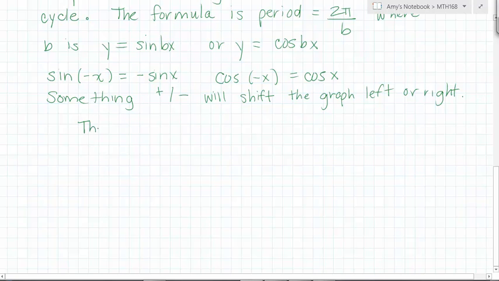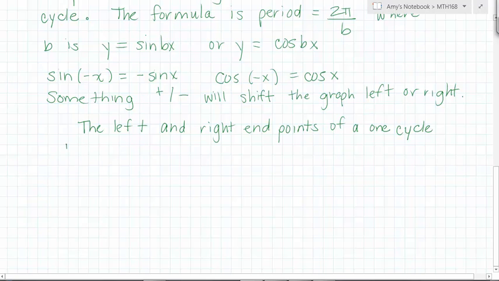The left and right endpoints of a one cycle interval can be determined by solving these equations.